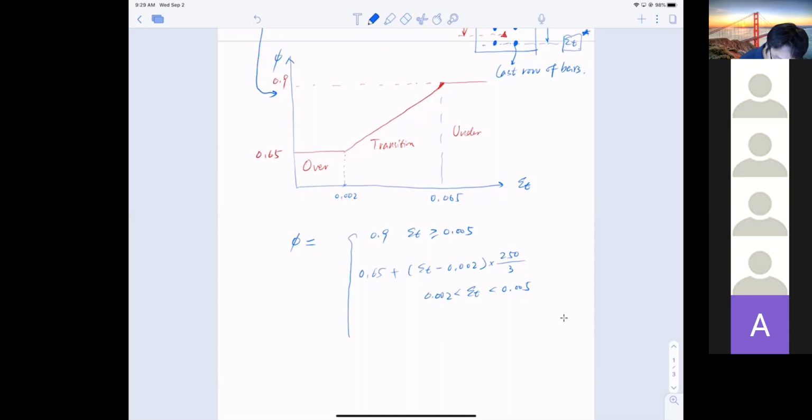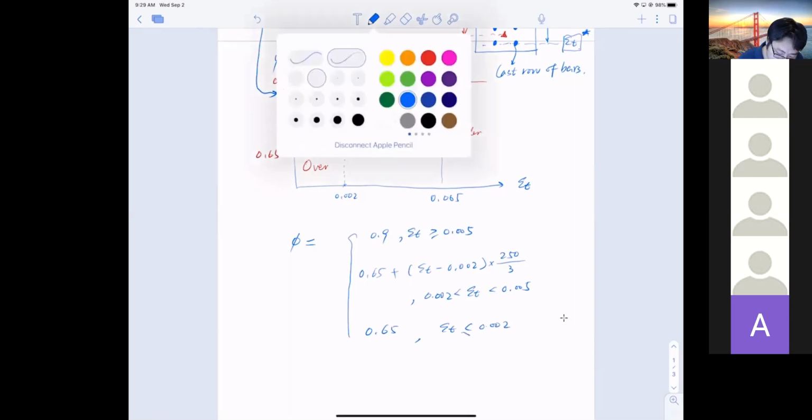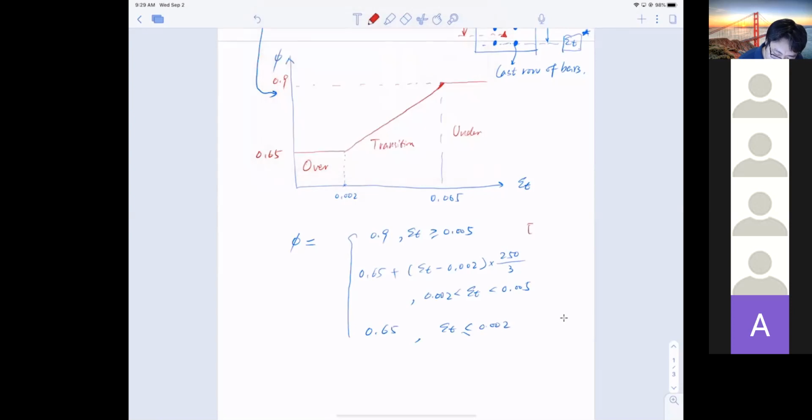And if it's smaller than 0.002, it's 0.65. You can find this in ACI code 9.3.